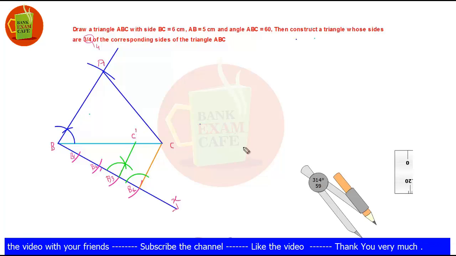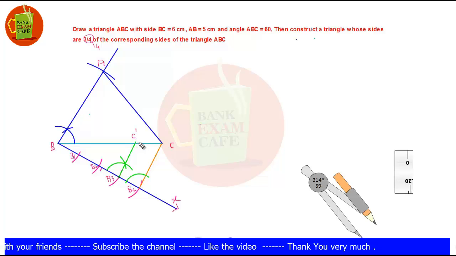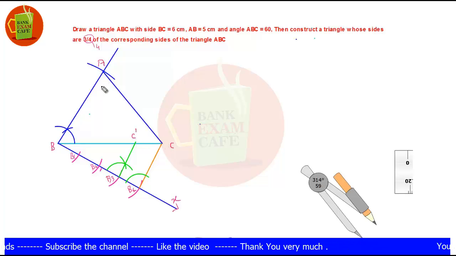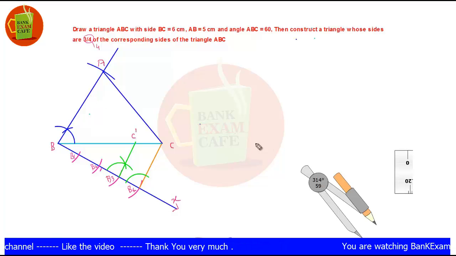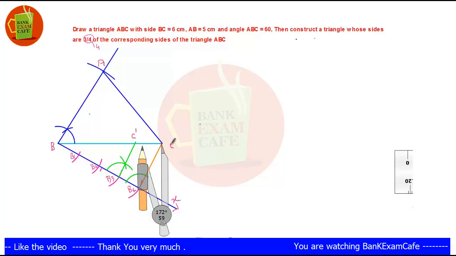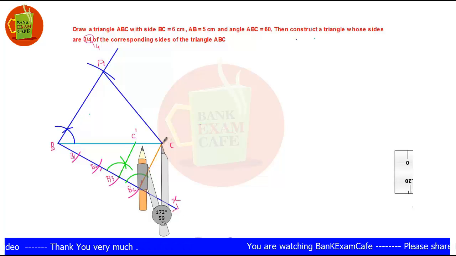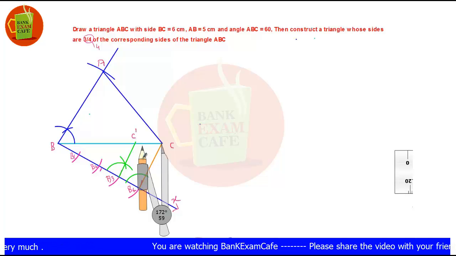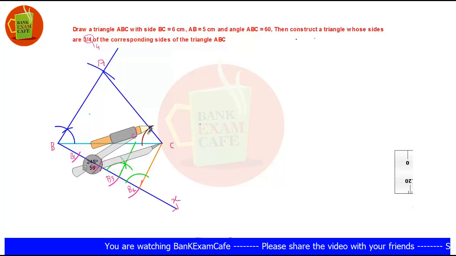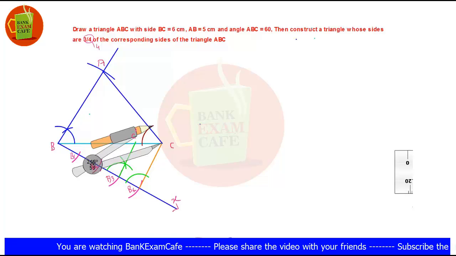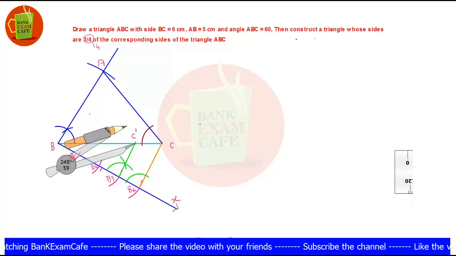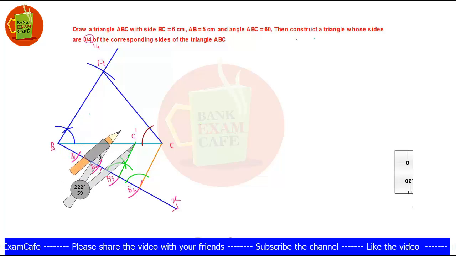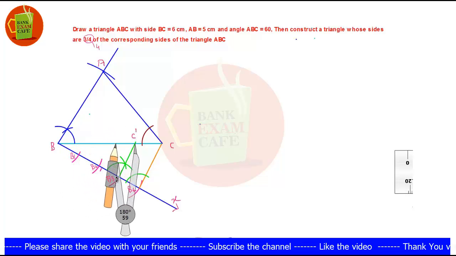Now from C dash, draw a parallel line to CA so that it will meet AB at point A dash. Now to draw a parallel line, take C as a center and a suitable distance, draw an arc. So keeping the same distance, come to this point C dash and from this point C dash, draw an arc.